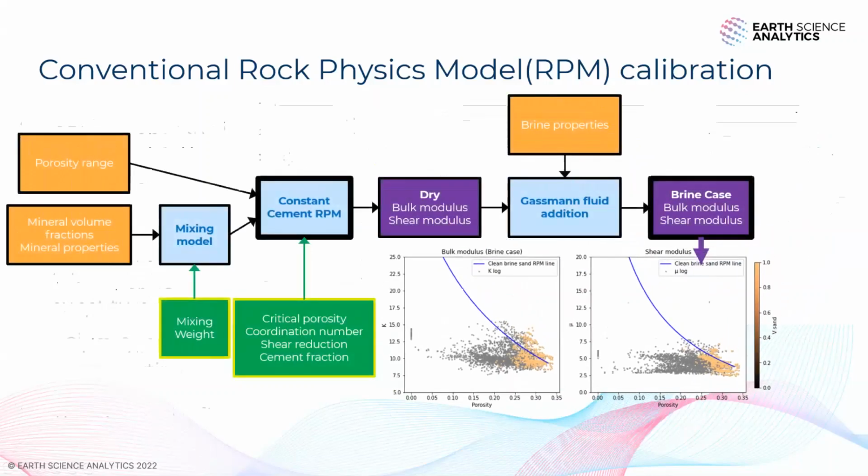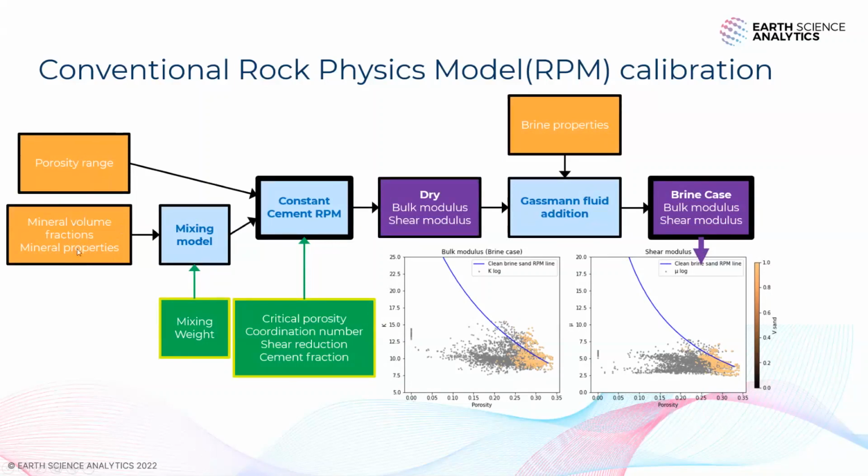Putting that process into a flowchart, for reasons that will become clear on the next slide, your inputs are a porosity range, so in this case 0 to 35% porosity, mineral volume fractions as well, and mineral properties. The volume fractions and properties go into a mixing model. So as we said, this data cloud here is between 90 and 100% sand for the orange points.